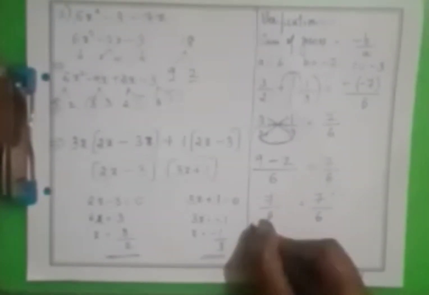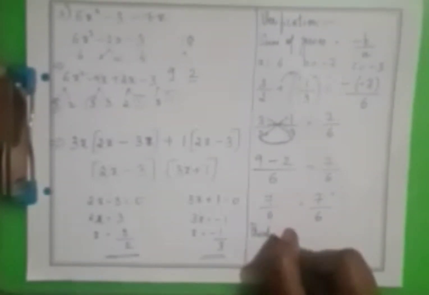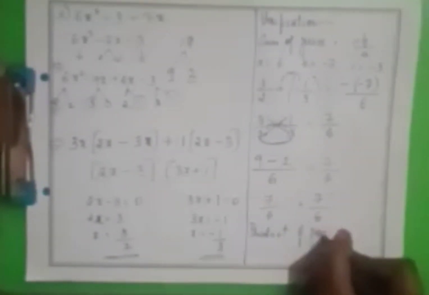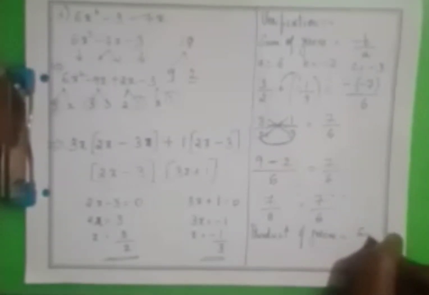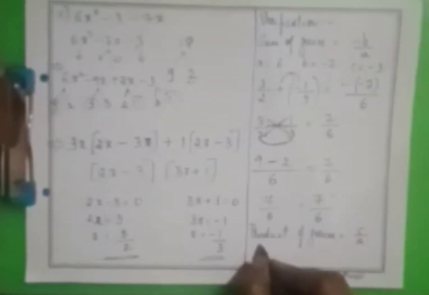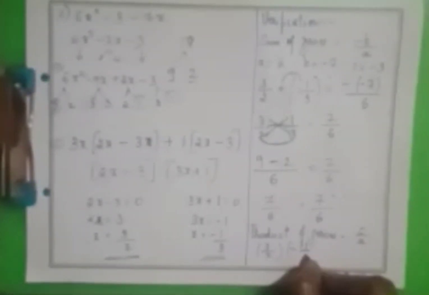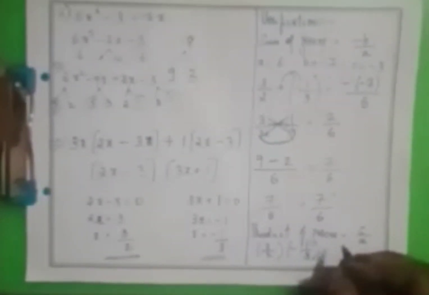Our next part is product of zeros should be equal to c by a. So 3 by 2 into minus 1 by 3 should be equal to minus 3 by 6.